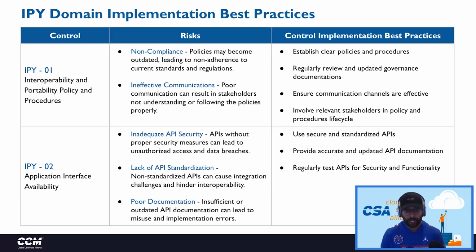Lack of standardization can hinder interoperability, and poor documentation, meaning inefficient or outdated API documentation, can lead to misuse and implementation errors. Some of the control implementation best practices to mitigate these risks are using secure and standardized APIs, providing accurate and updated API documentation, and regularly testing APIs for security and functionality.